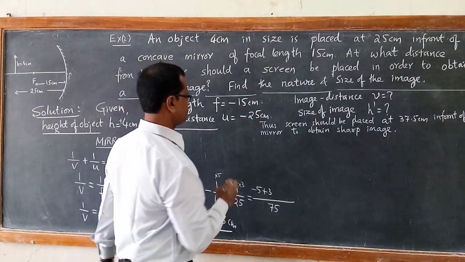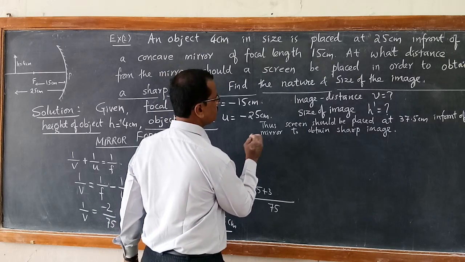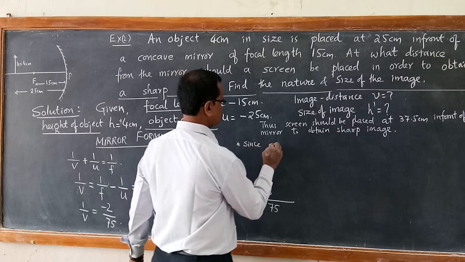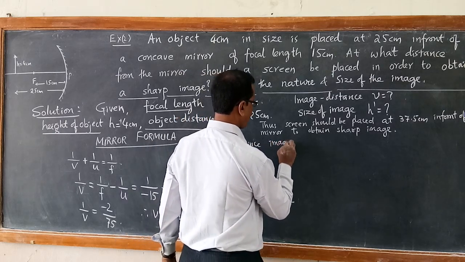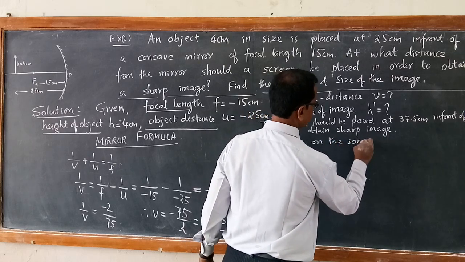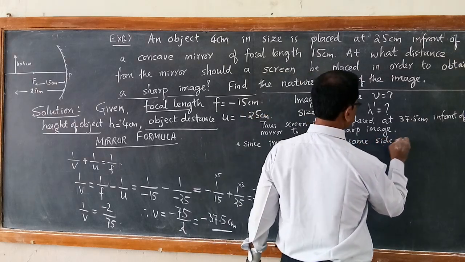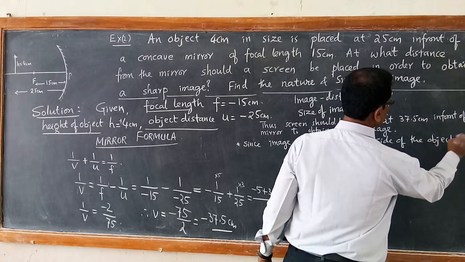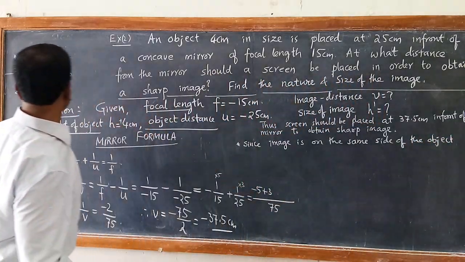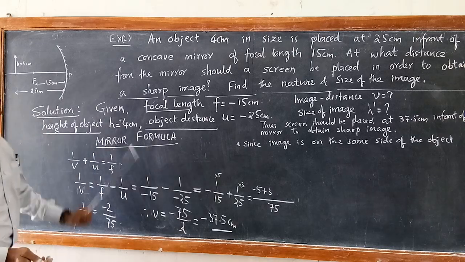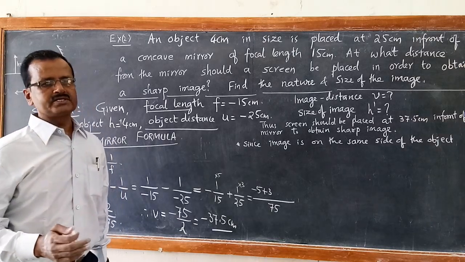Now the nature is going to be a real image, since the image is on the same side of the object. Since object and image both are on the same side, so v is also negative, u is also negative, therefore the magnification is negative.